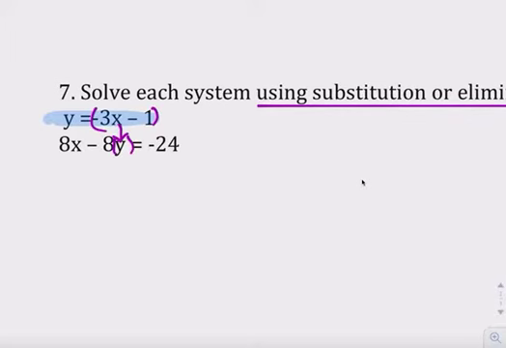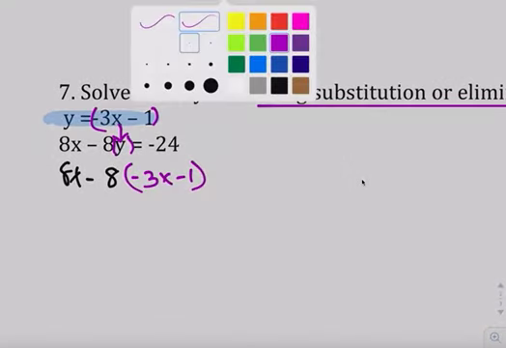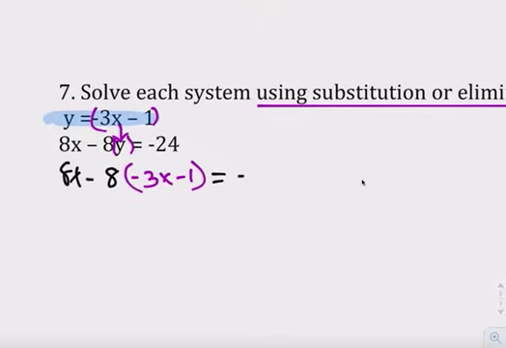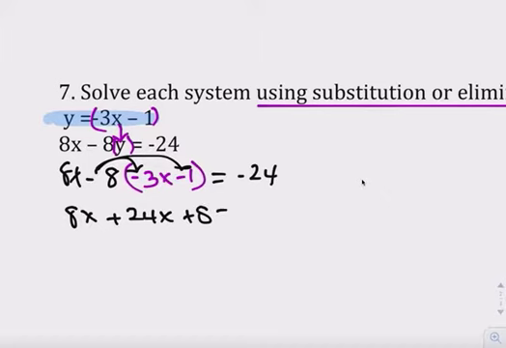So you got 8x minus 8, and in place of that y, you're going to put negative 3x minus 1, and that's going to equal negative 24. Get 8x, and this becomes a positive 24x, and this is a positive 8, equals negative 24.